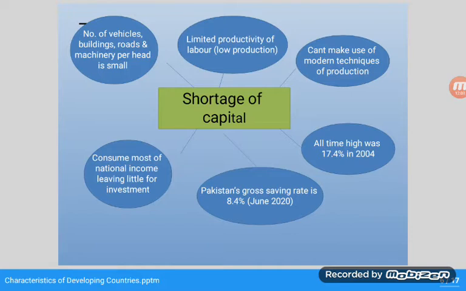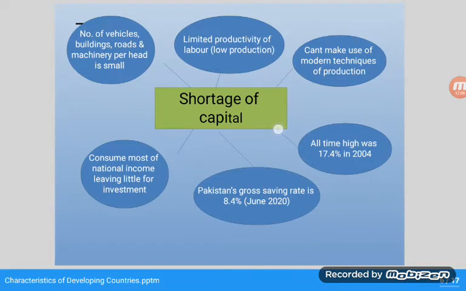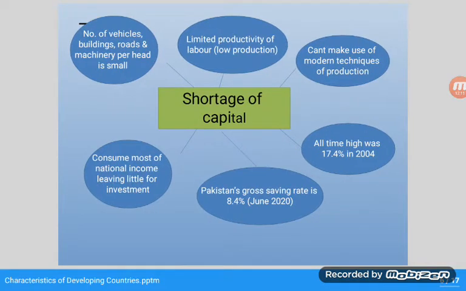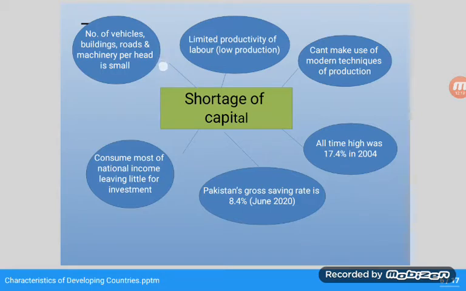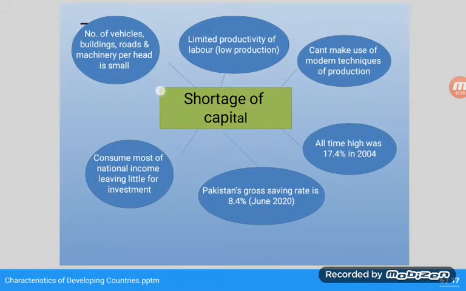If there is no investment being carried out, a shortage of capital is bound to remain. Now a shortage of capital means that the number of vehicles, buildings, roads and machinery per head in such countries is small. People do not use many machines.